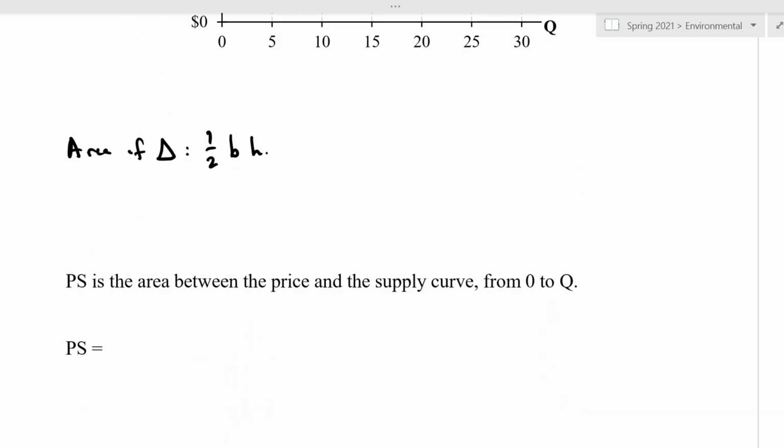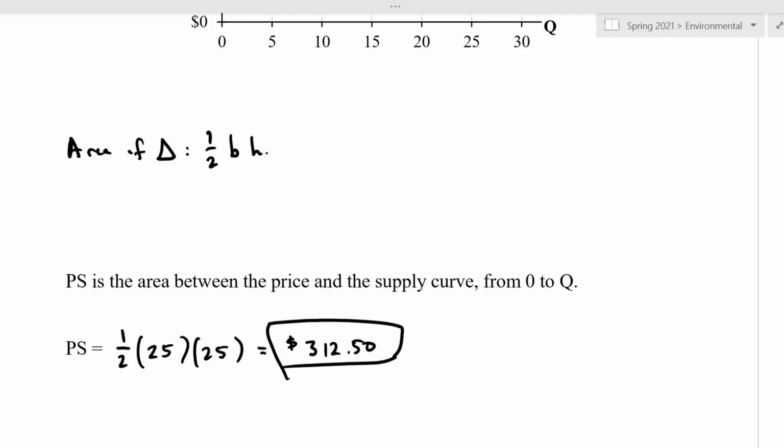And so we calculate this producer surplus as 1/2 of 25 times 25. That's going to come out to $312.50.